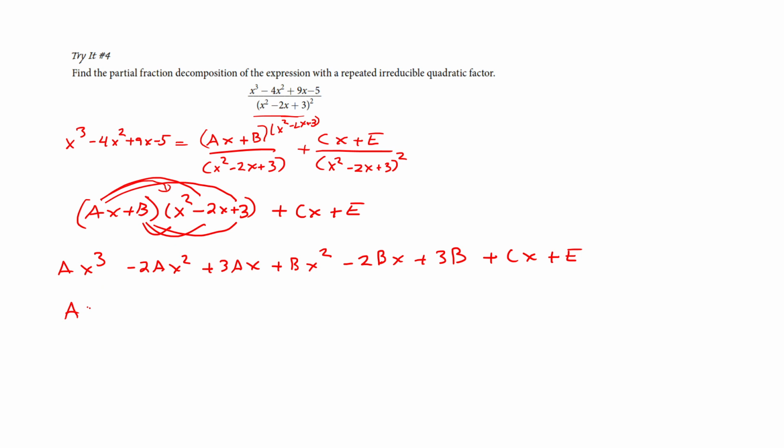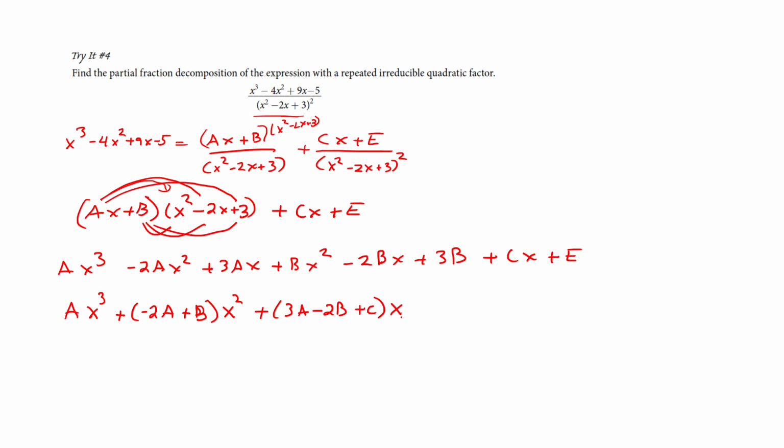There appears to only be the 1x to the 3rd term. Now how about the x squareds? I'm going to do it like this so it doesn't mess up the solving part of this: -2a plus b. Is that my only other x squared? It is. Now my x terms are going to be 3a minus 2b plus c.